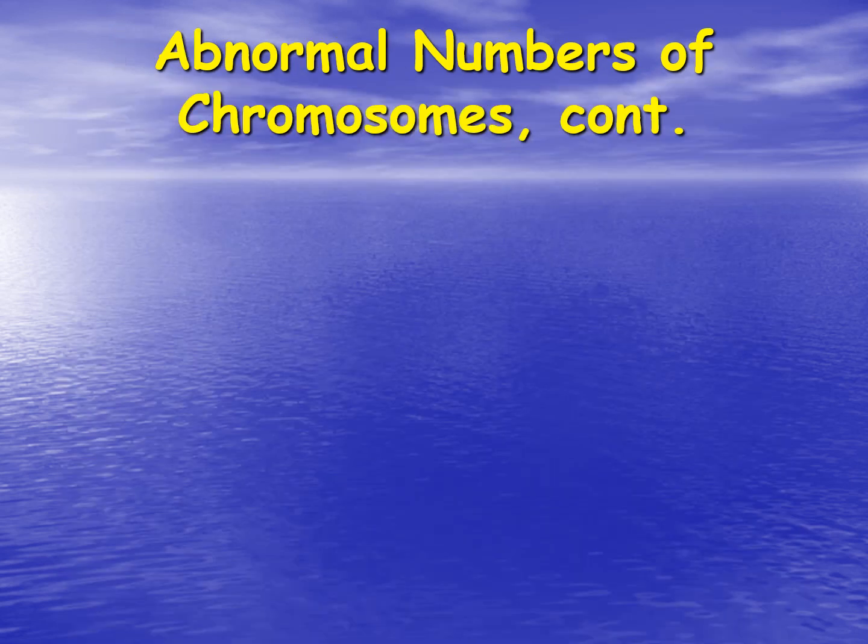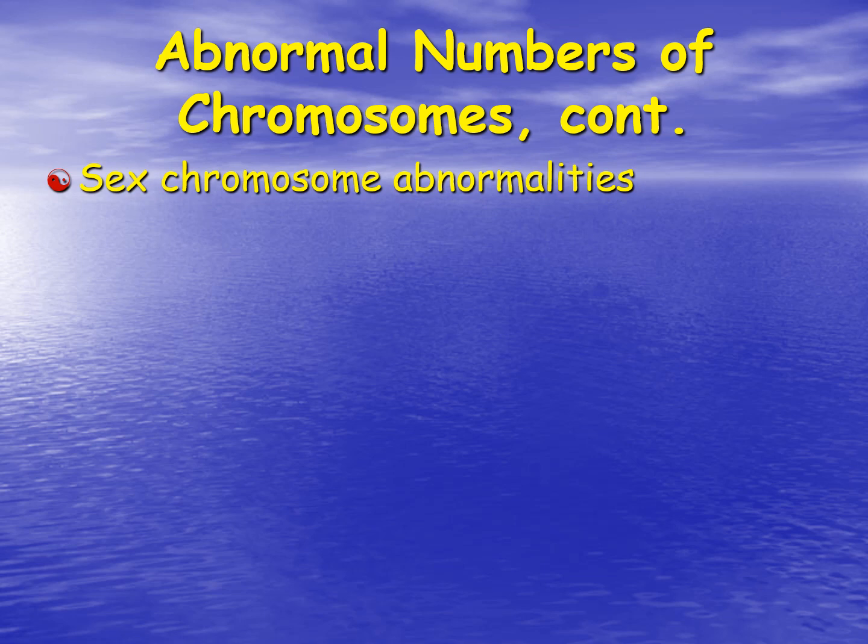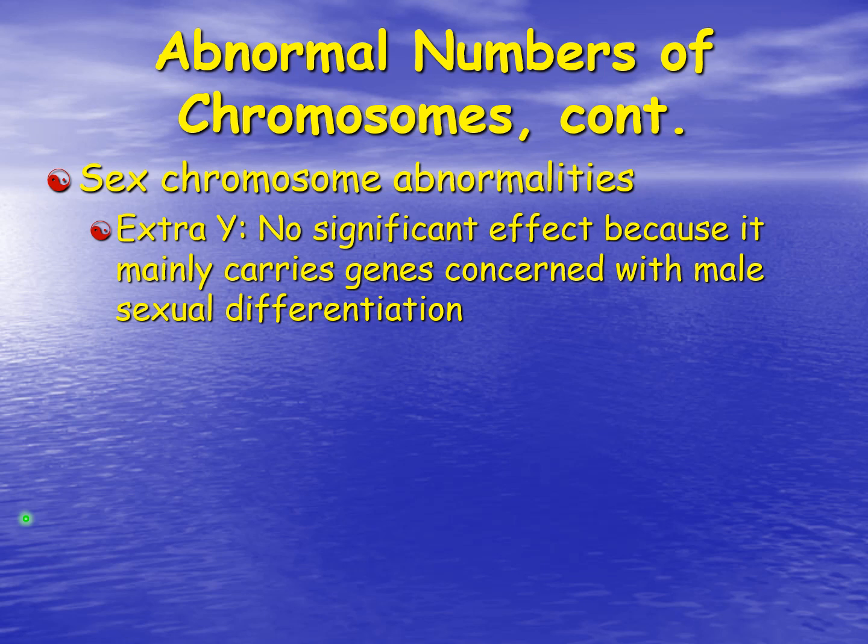So let's look at the sex chromosome abnormalities. What if we had an extra Y with the normal XY pair? This is known as XYY, and really there's no significant effect because the Y chromosome mainly carries genes concerned with male sexual differentiation in the embryo. The Y only carries basically the SRY gene, and that gene determines maleness.